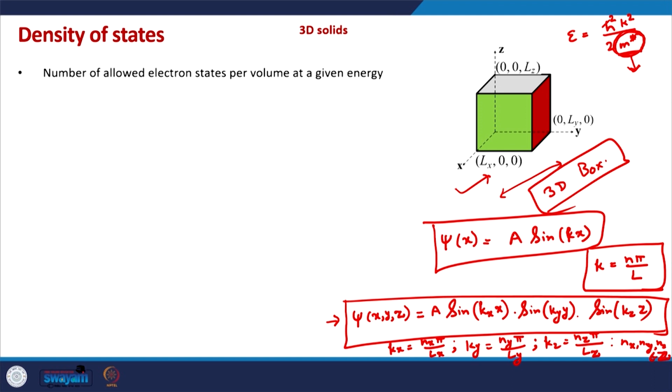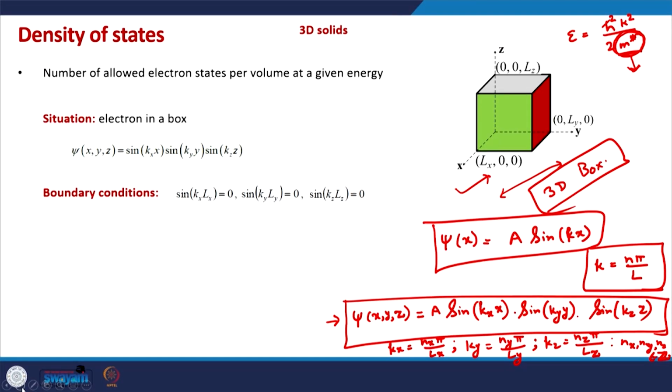Now, we need to see how many electronic states would exist at a given energy. We need to count the number of electronic states at a given energy. That is what we need to do.